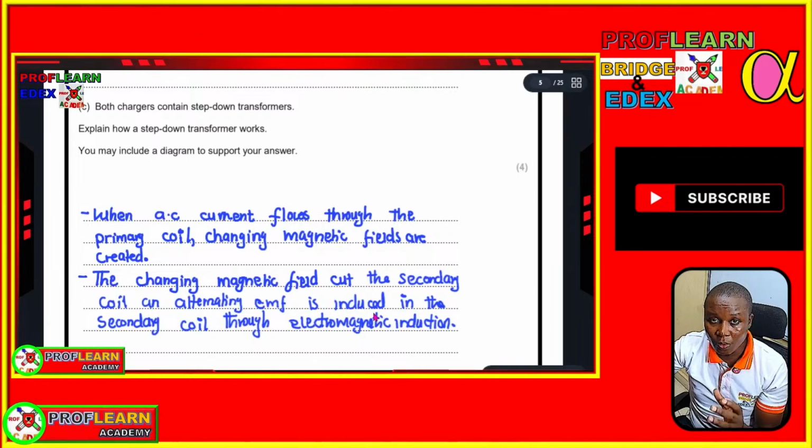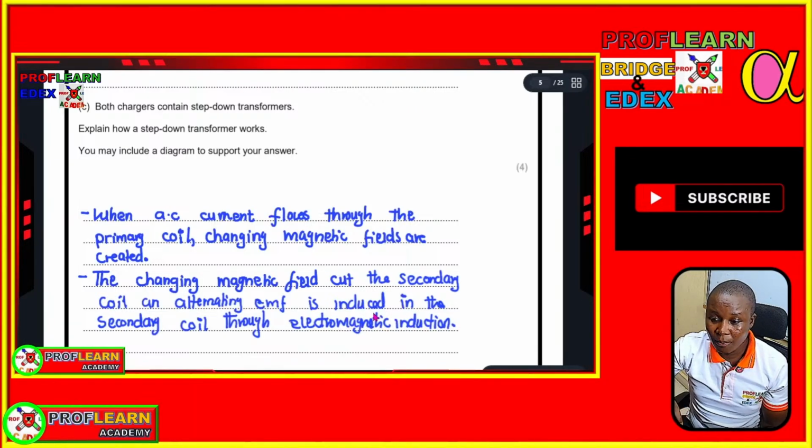So if you are asked to state how a transformer works, be very straightforward and say when alternating current flows through the primary coil, it creates magnetic fields which are constantly changing size and direction. When these magnetic fields cut through the secondary coil, an EMF is induced in the secondary coil through electromagnetic induction, and then the examiner will be very happy with you.